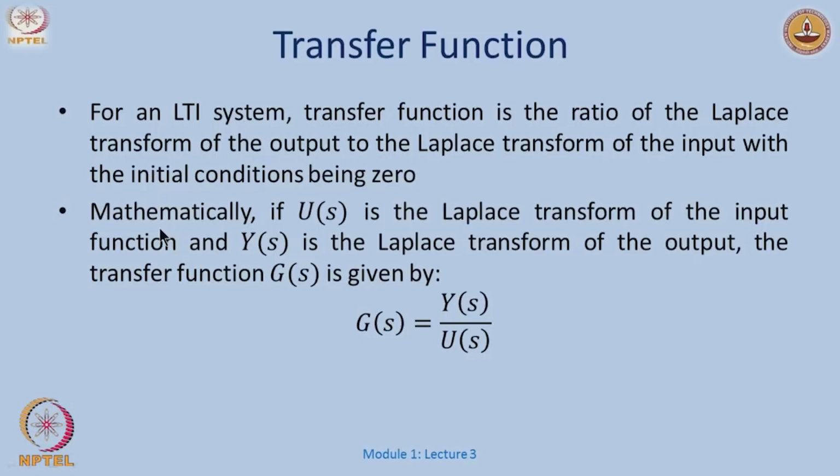Mathematically, if U(s) is the Laplace transform of the input signal, and Y(s) is the Laplace transform of the output, then the transfer function G(s) is Y(s) divided by U(s).